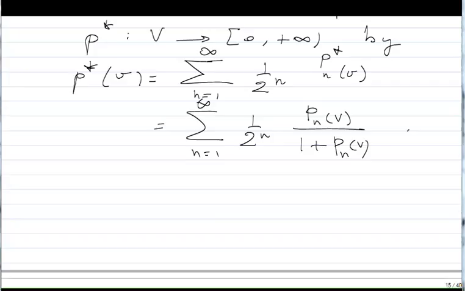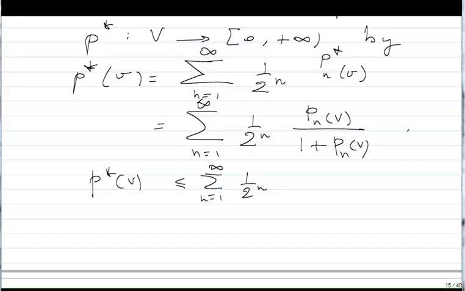It's absolutely convergent regardless of V, because the Pn stars are all less than 1. That's why we took this new functional. So we have P star of V less than or equal to the sum of 1 over 2 to the n. So we are using the convergence of the series 1 over 2 to the power n. So P star is very well defined.